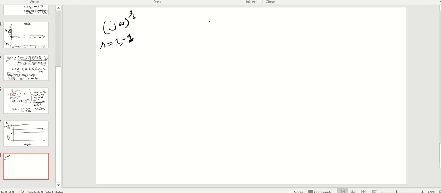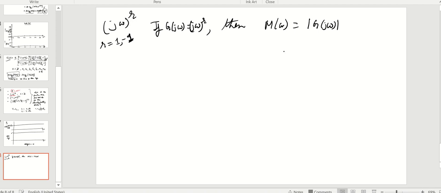So if g of j omega is equal to (j omega) to the power r, then m of omega, which is the mod of g(j omega), is just omega to the power r.